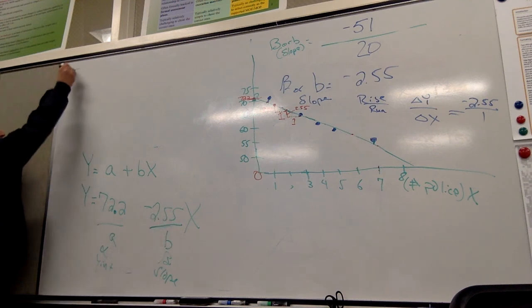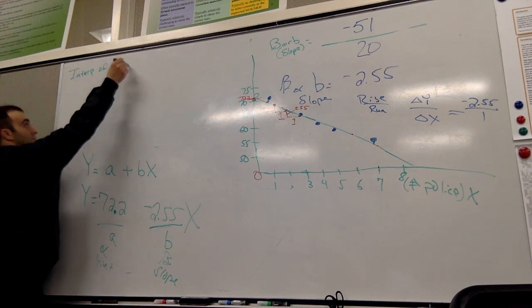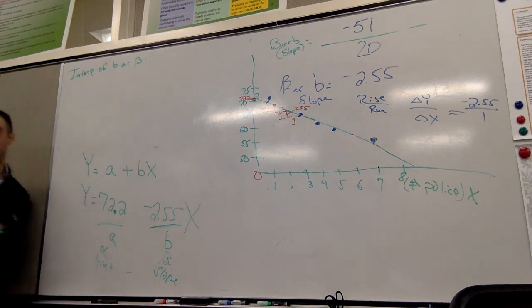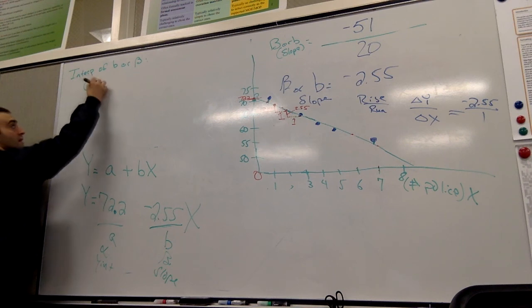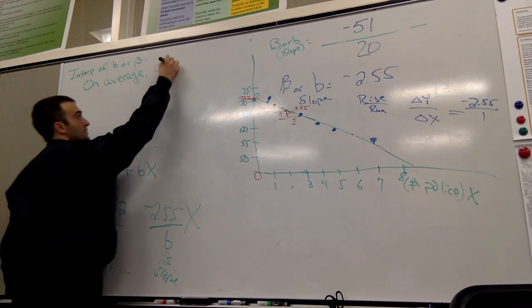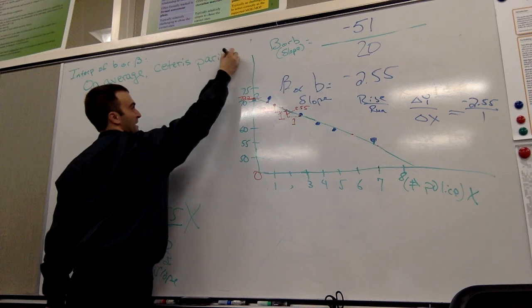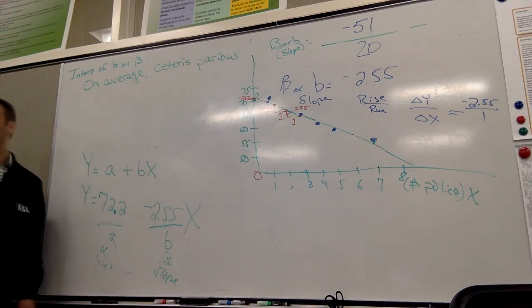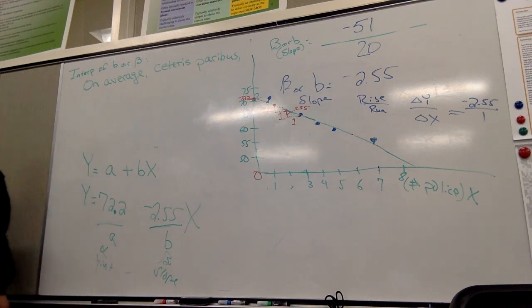So how you interpret the slope or the beta, you can never go wrong if you use this template. You say, on average, ceteris paribus, which I think is Latin for all else equal, or holding all else constant. When we talk about regression, on average, ceteris paribus.